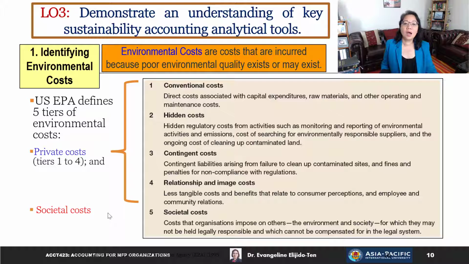So these are the costs that organizations may impose on others, the environment, and society, for which they may not be held legally responsible and which can't be compensated for in the legal system. So for example, the company is emitting emissions to the environment and the people living near their factory are having chronic disease like asthma.